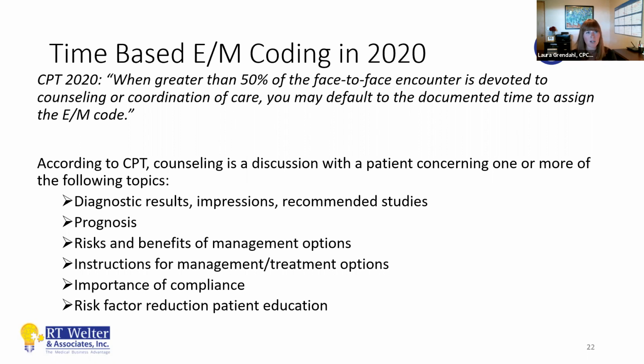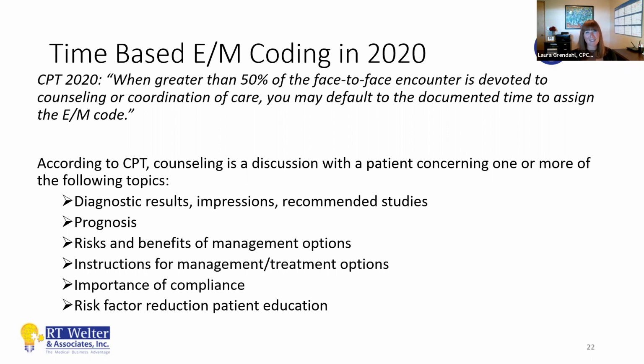Really briefly, to talk about our changes in 2021, right now, our coding descriptions list average times. And so one of the really great things coming up in 2021 is that now our codes are going to have a time range. So right now, using 99213 as an example, it's an average time of 15 minutes.